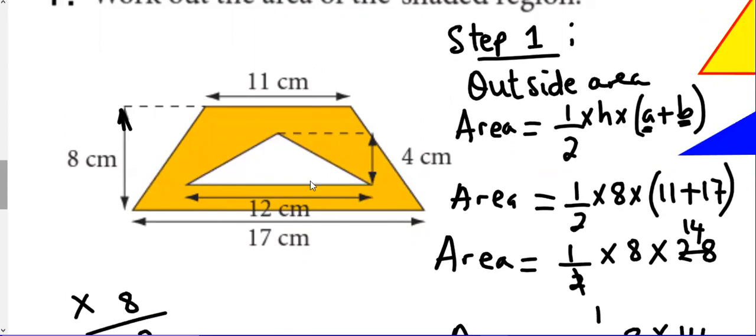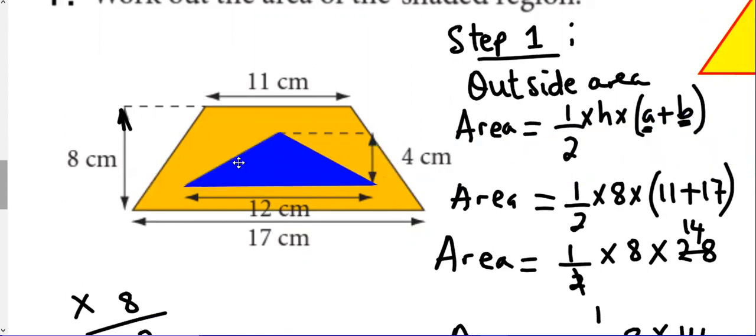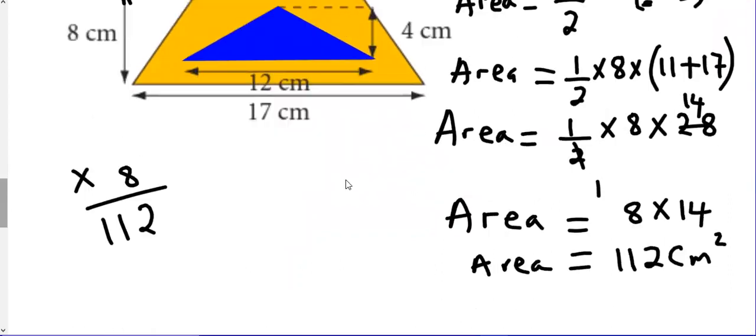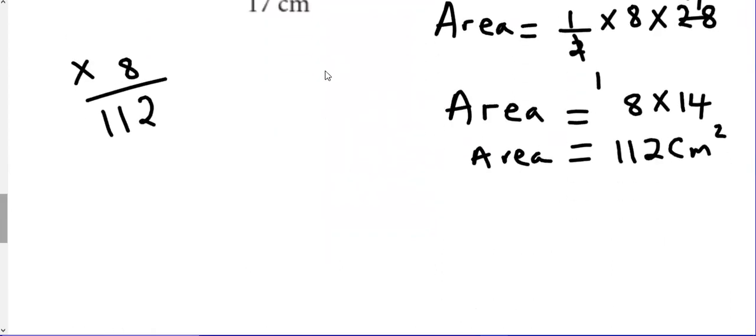What is the name of that inside shape? I hope that you said a triangle. So what is the area of that inside shape? That will be our step number 2.